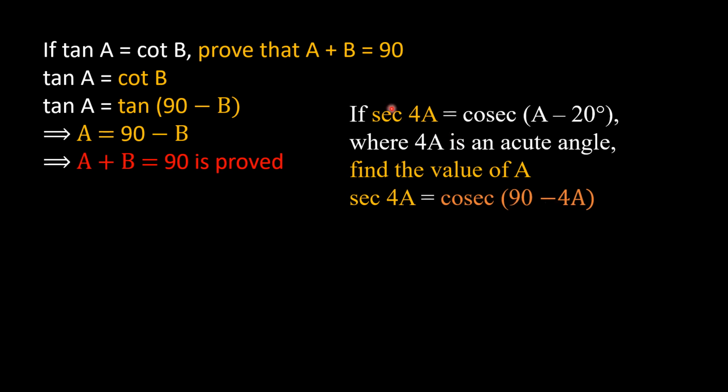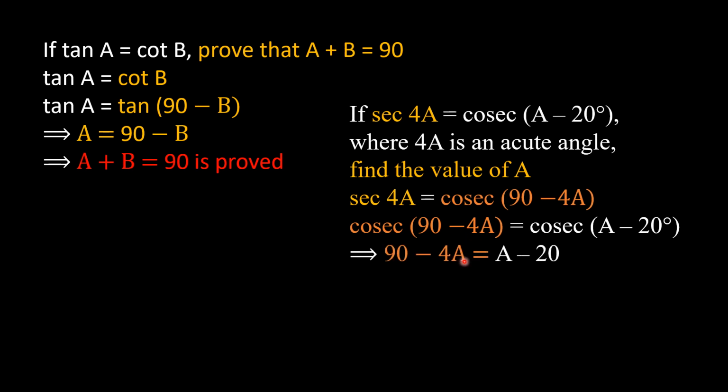So we will replace this sec 4A by cosec 90 minus 4A and write cosec 90 minus 4A equals cosec A minus 20. Now here on both sides there is cosec, so we can equate the angles. So we write 90 minus 4A equals A minus 20.